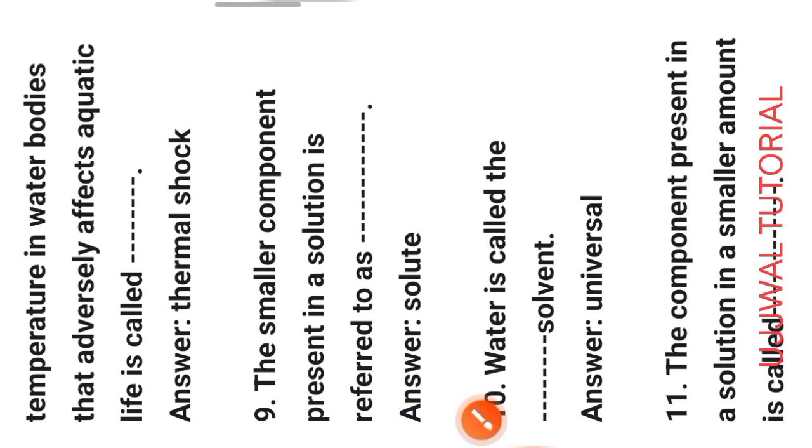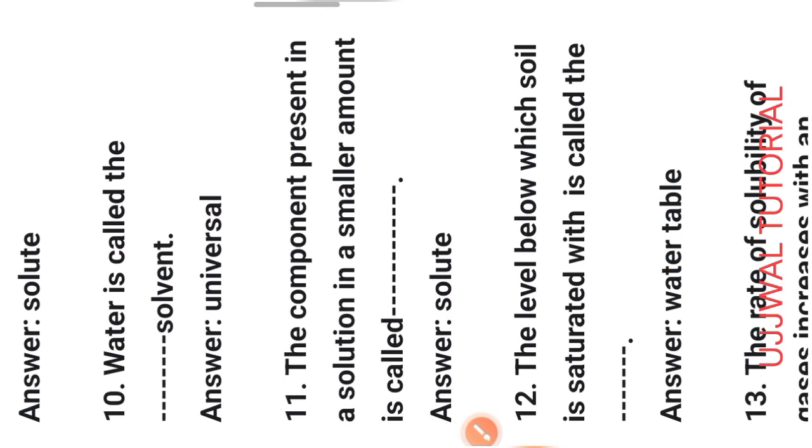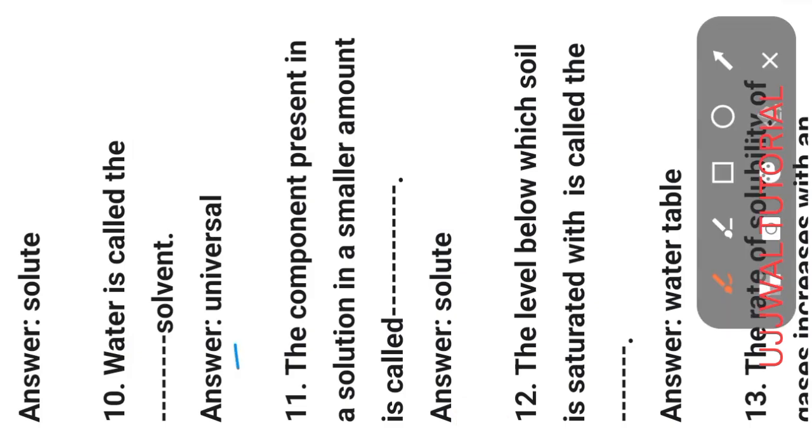Question number 10. Water is called the dash solvent. Universal solvent. Water is called the universal solvent. Next question, question number 11. The component present in a solution in a smaller amount is called the solute.